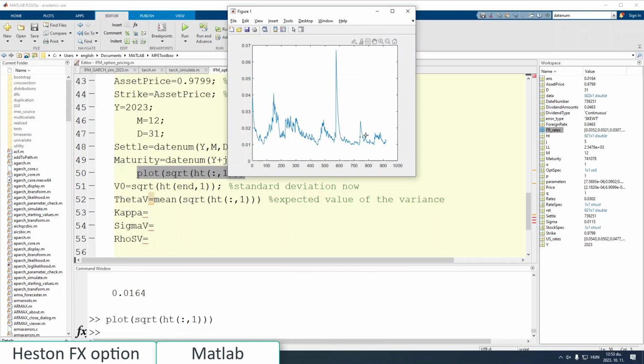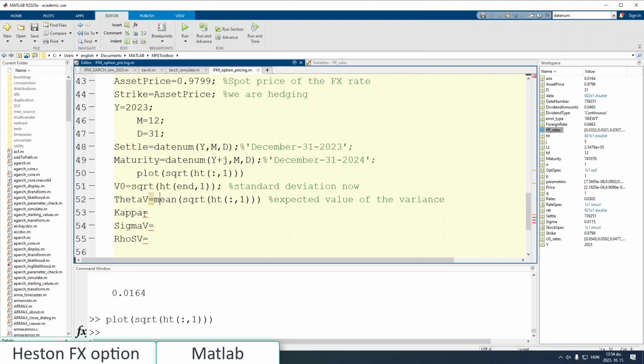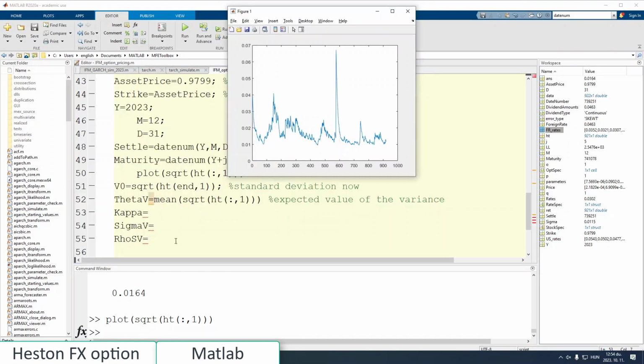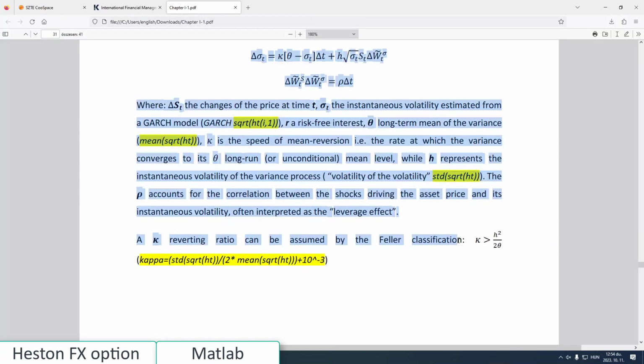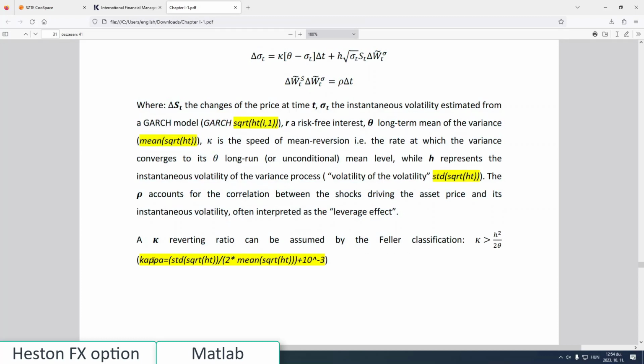So this is a line here, and practically volatility jumps back and forth around this line. This is the mean reverting feature, it dances around the mean, and we can believe this is what is happening. Kappa. We don't have a specific calculation for kappa, but Feller classification says that it should be around this number, so okay, we can believe this.